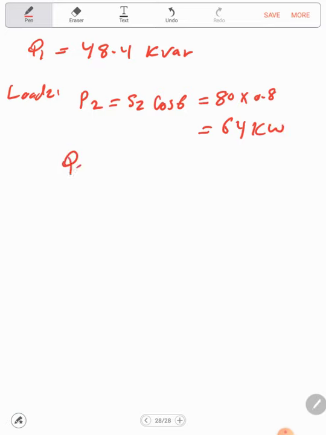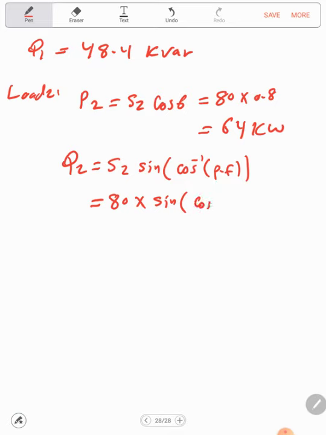Q2 will equal S2 sine theta, where theta is cosine inverse of the power factor, so this will equal 80 multiplied by sine of cosine inverse of 0.8, and this will equal 48 kilowatt.